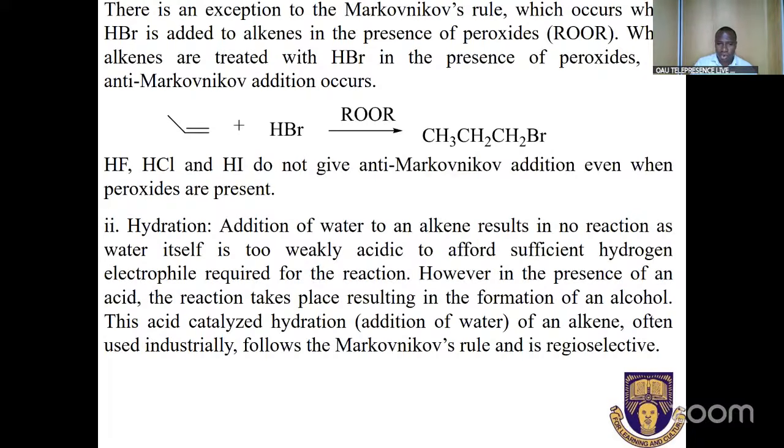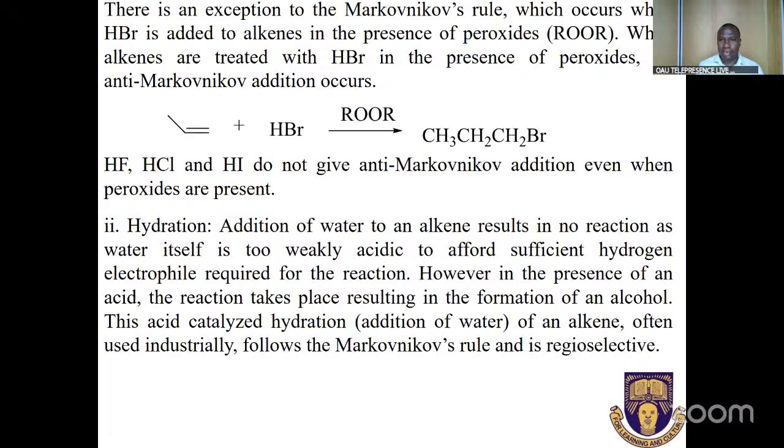The Markovnikov addition suggests that the double bond picks up the proton and forms the more stable carbocation. And in the next step, the halide, or in this case bromide, then adds in.